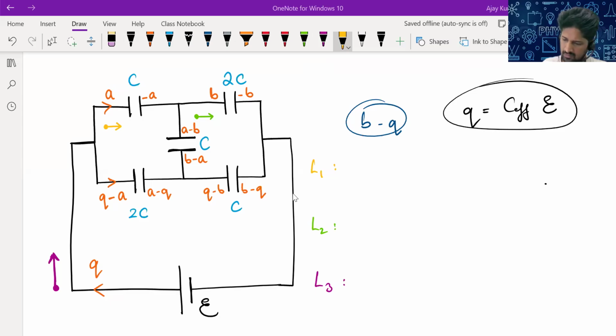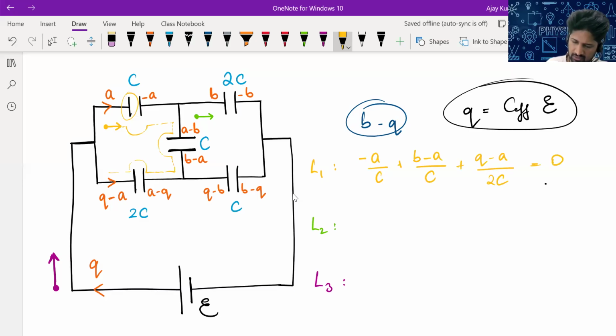Minus A by C. When we move along this loop, the first plate we come across has charge A on it, so minus A by C. Then B minus A by C. Negative of A minus B divided by C, you can write it as B minus A by C. And then plus Q minus A by 2C. Negative of A minus Q, that is Q minus A divided by 2C, and you return to the starting point. So this should be equal to 0.